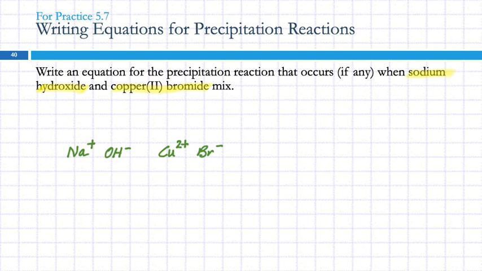So then I'm going to combine these two ions in such a way that their charges add up to 0, and so for this one it's just going to be NaOH. With this one, copper has a +2 charge, and bromide is only a -1 charge. So I'm going to need 2 bromides to make a neutral compound.